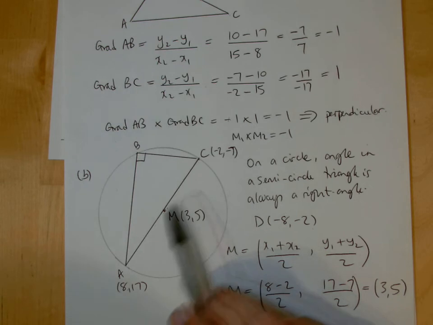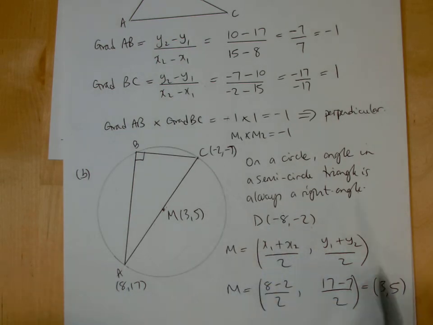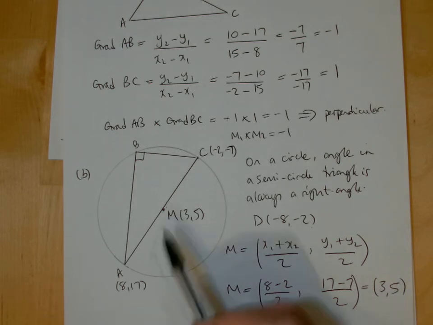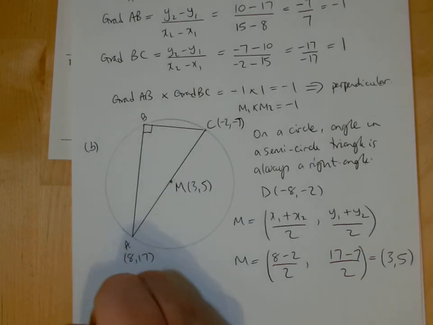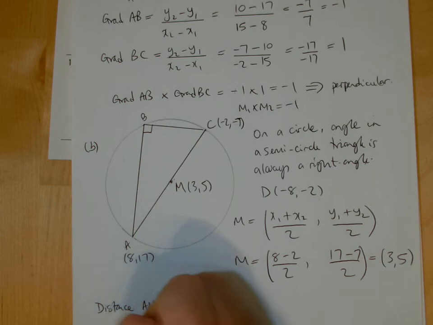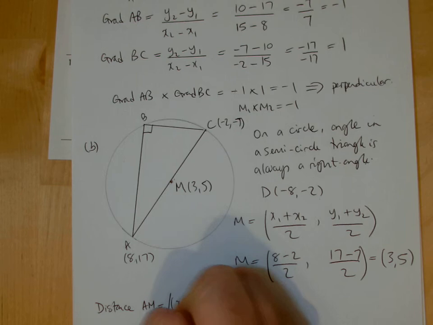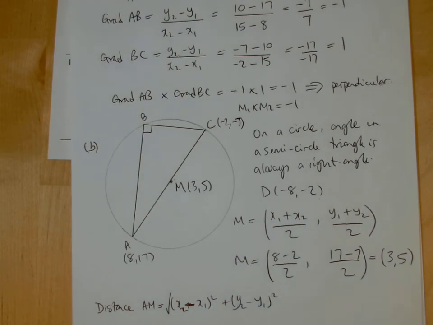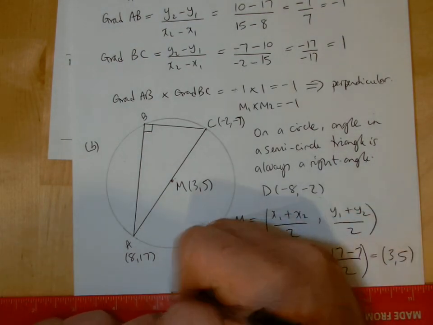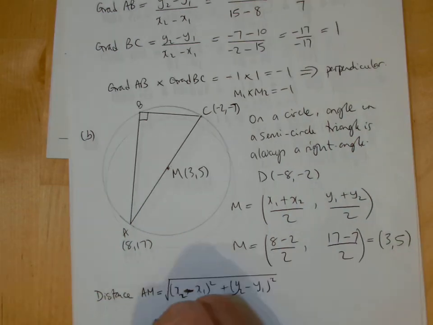Now we need to get the distance from M to D to see where it is. But before that, we need to know what the radius of this circle is. To get the radius, I need to work out the distance from A to M. Remember the distance formula: x2 minus x1 all squared plus y2 minus y1 all squared.